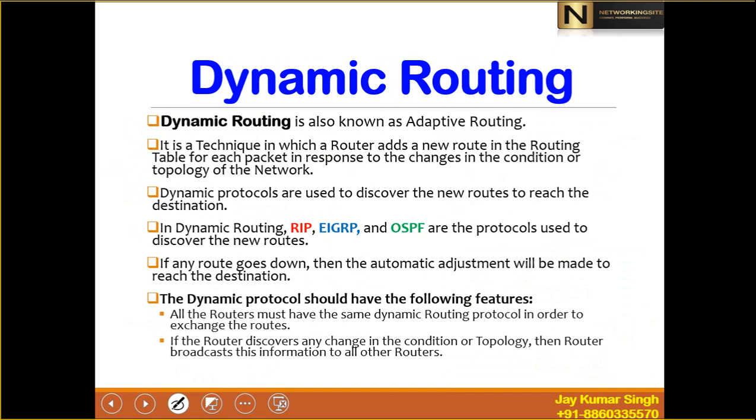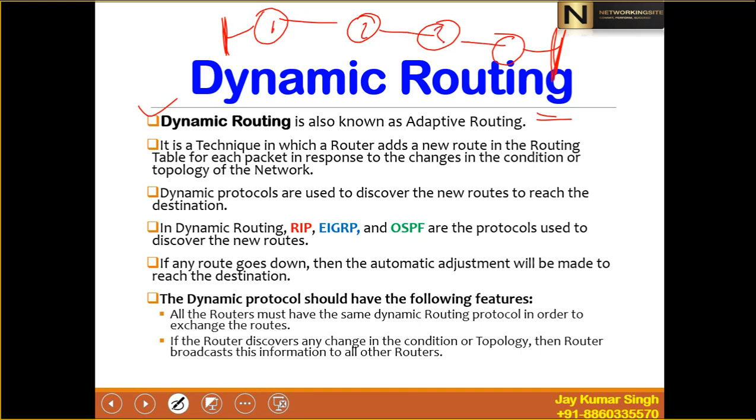Now, the dynamic routing protocol. A dynamic routing protocol is known as an adaptive routing protocol. Adaptive means they adapt the information of their neighbors. The dynamic routing protocols exchange information between neighbors. Suppose here is one router, another router, another router, like this. Router 1 knows about router 2.